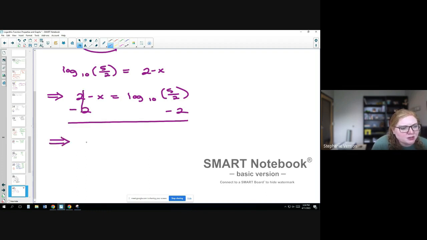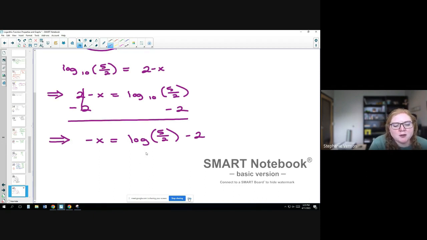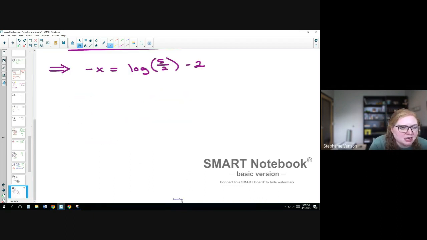So I have negative x is equal to, now listen, log base 10, you don't have to write the 10. If a log does not have a base written, it's understood to be 10. So we can just say this as log of 5 over 2 minus 2, and we understand the 10 to be there. Again, if a log is written without a base, we just understand the base to be 10.